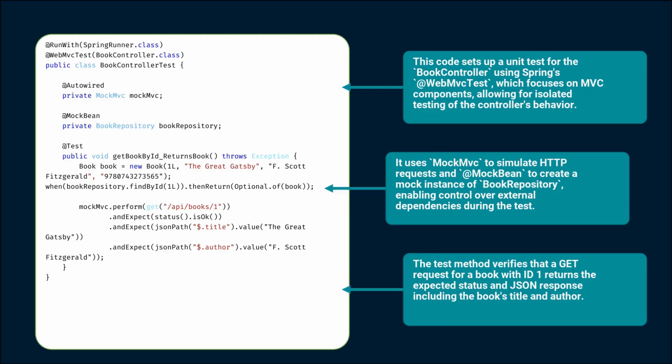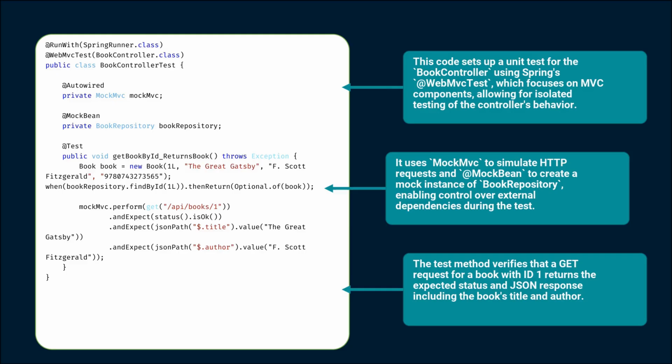Next, we automatically wire in a MockMvc instance that allows us to simulate HTTP requests to our API endpoints. To keep our controller isolated from the underlying data layer during testing, we make use of the @MockBean annotation to create a mock instance of the book repository. This gives us the flexibility to define the behaviors for our data interactions without relying on a real database.